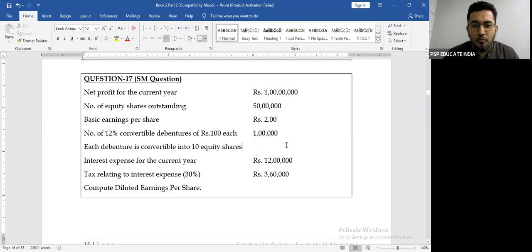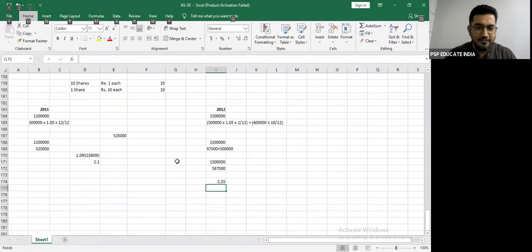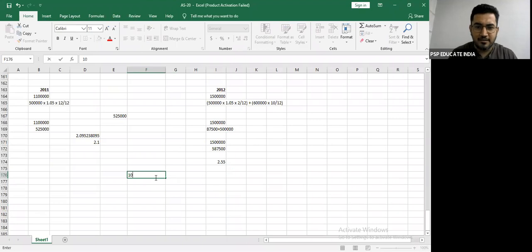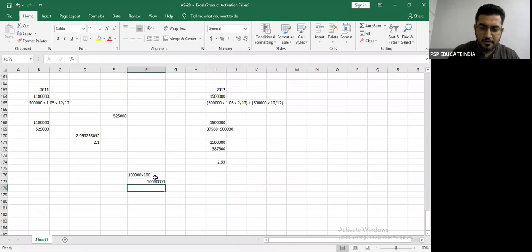Can you tell me how much interest ultimately we will be saving in this case? How much interest we will save? So you will think in this way, 1 lakh into 100, and this into 12% comes to how much? 12 lakhs.